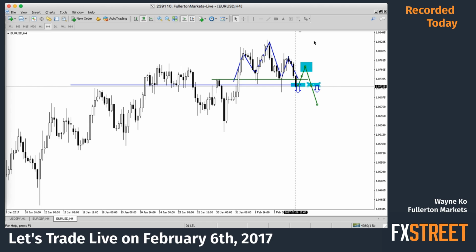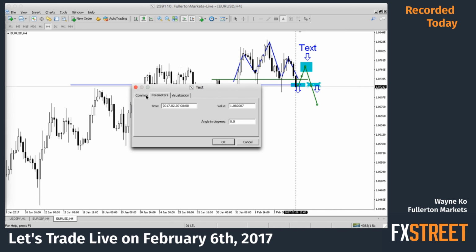Or you employ some candlestick formation kind of trading at this point. Okay, look for a bearish candlestick pattern to take a shot.